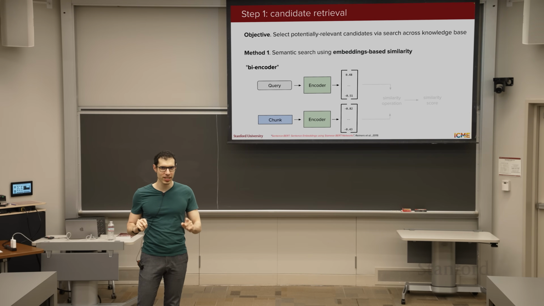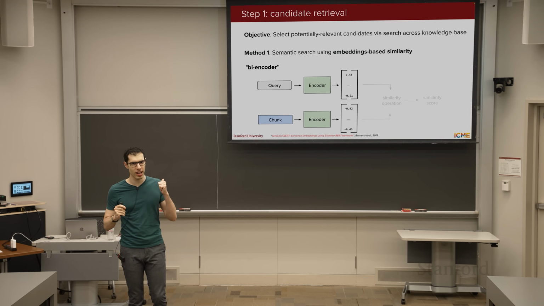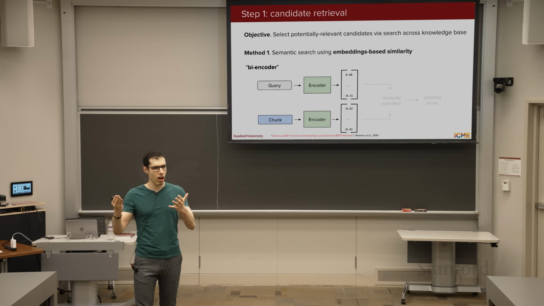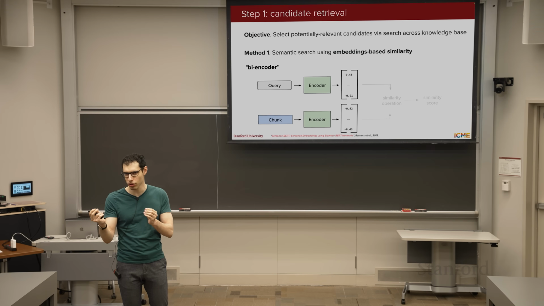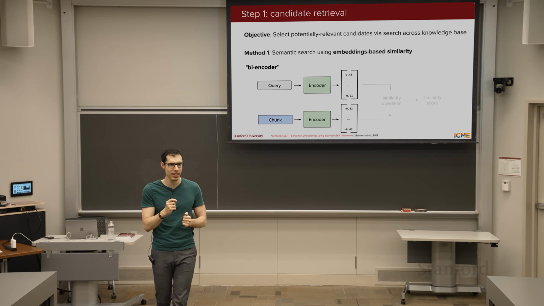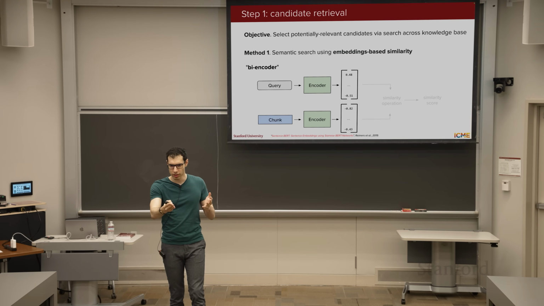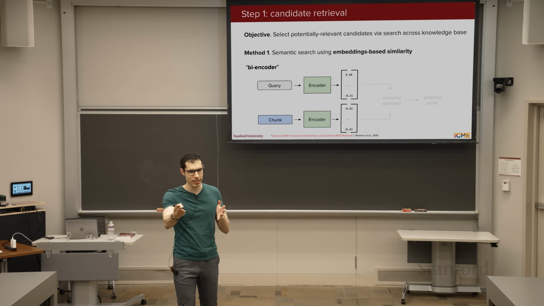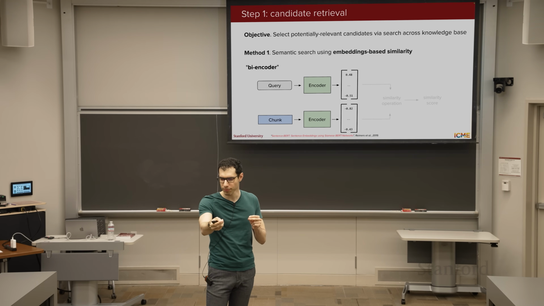Cool. So we're still at the candidate retrieval stage. And what we saw was one way of retrieving documents from a semantic similarity standpoint. By the way, what does semantic similarity mean? It means finding documents or entities that have the same meaning or that are relevant.